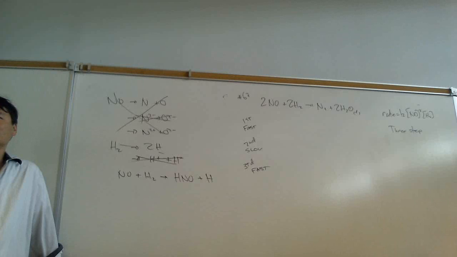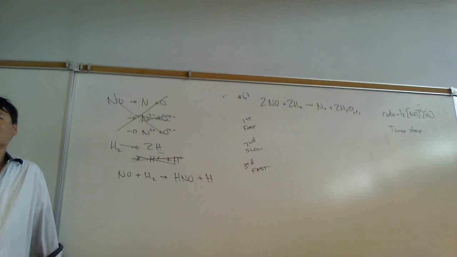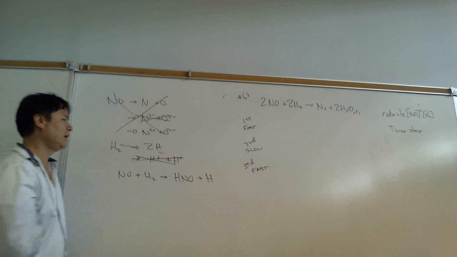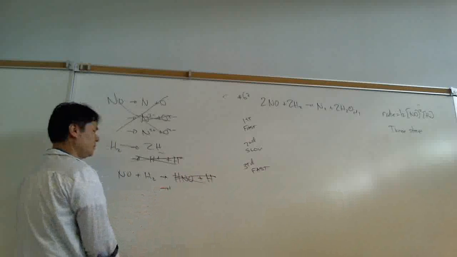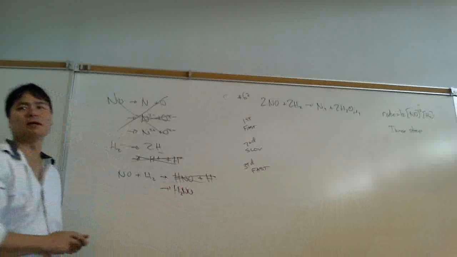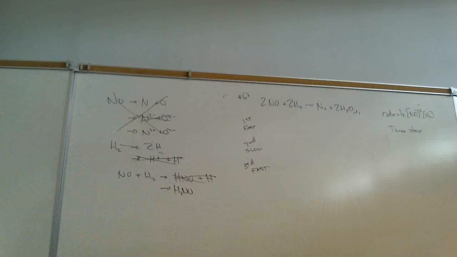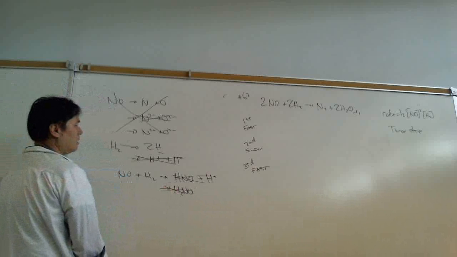Hyponitrous, maybe? Have you ever heard of hyponitrite? No, never heard of hyponitrite. So maybe, but let's try something else. Can we form an atom of hydrogen? H2NO, diprotic acid, no. So what should we try next?